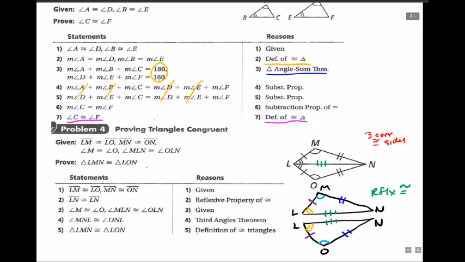How on earth am I ever going to get that third angle? Well, we have a theorem that says if 2 angles in 2 triangles are congruent, then our third angle is congruent. So that's our third angles theorem. We now have 3 corresponding congruent sides and 3 corresponding congruent angles. We have everything we need.